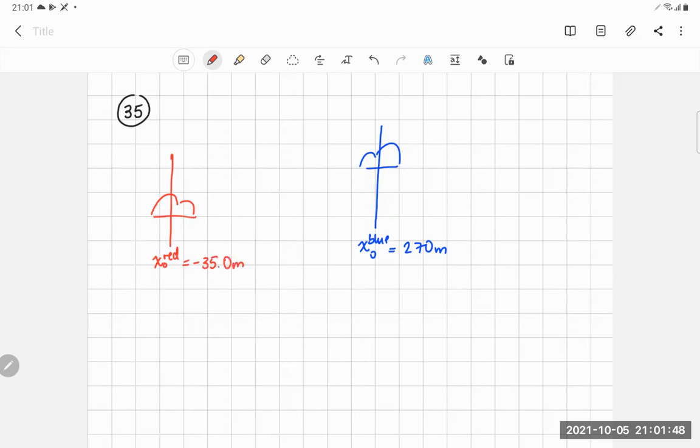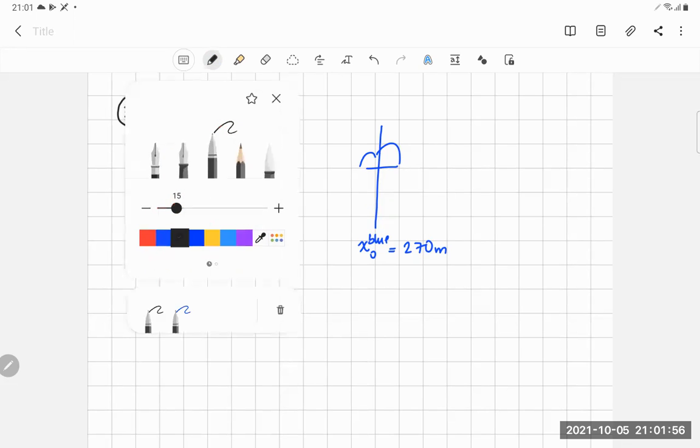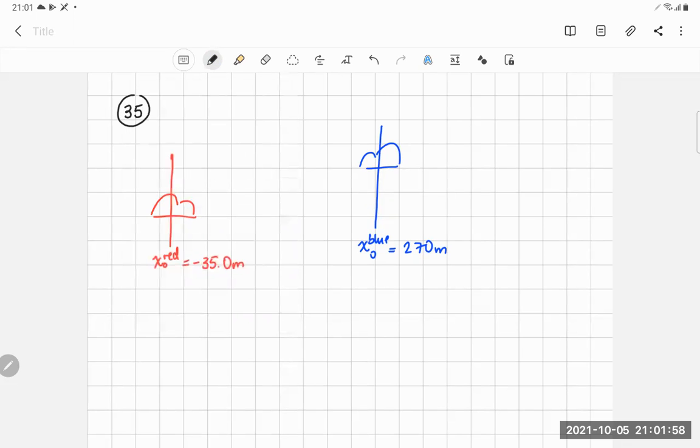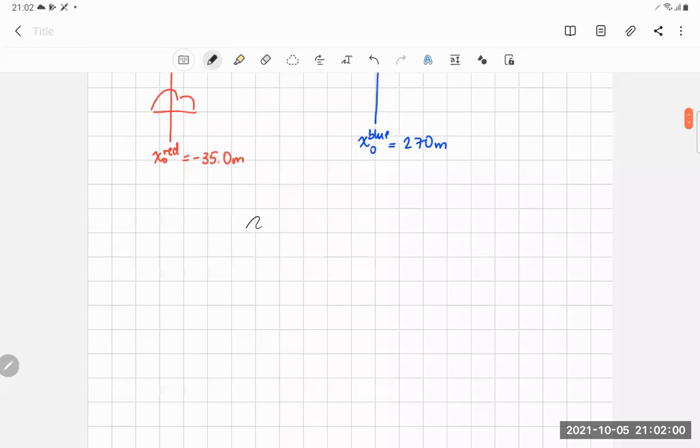Okay. And what else do we have? They give us a plot that illustrates the motion of these two cars. So they gave a plot for the position. Let's make this plot here for the position versus time in seconds, and position in meters for these two cars.